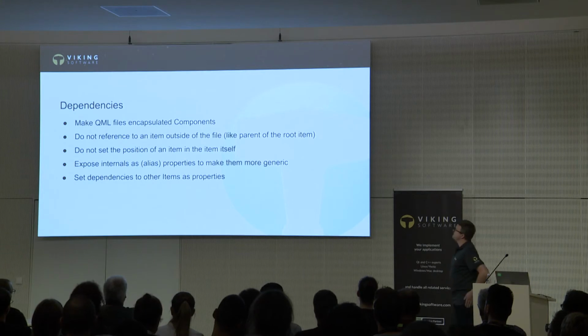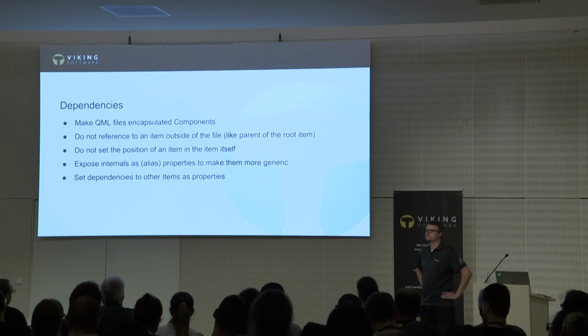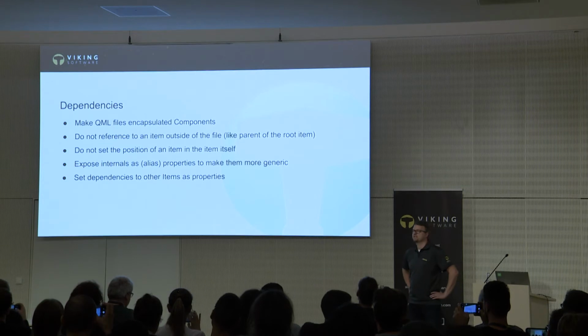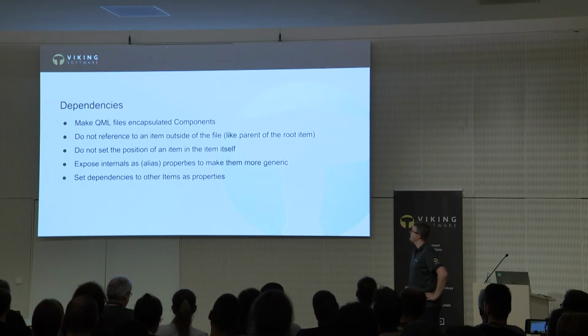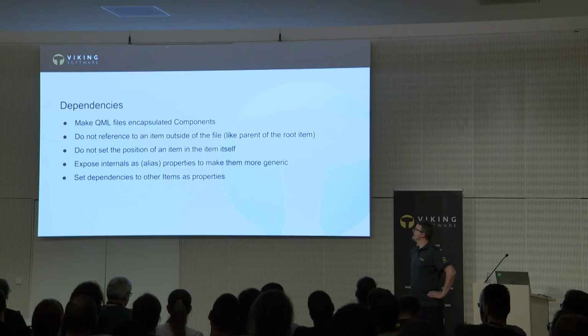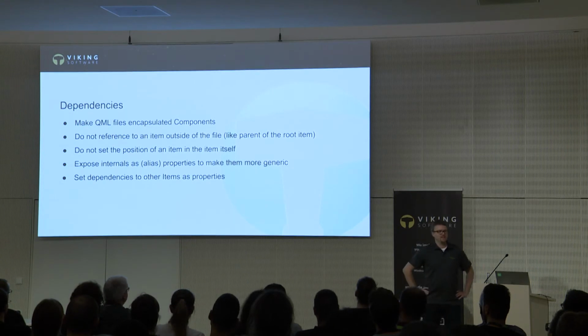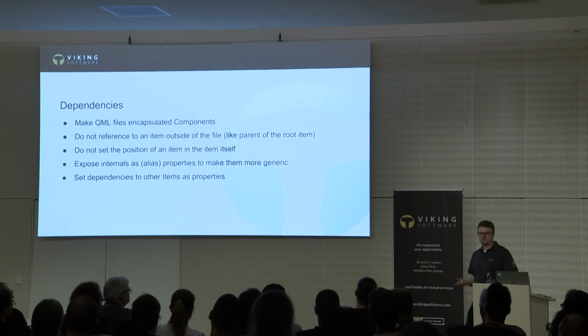So what else? Dependencies. As usual in software development, try to keep the dependencies low and encapsulate your classes, and in this case, items and components. How to do it? It's not that easy, but one thing is, for example, don't reference other items that you don't know.